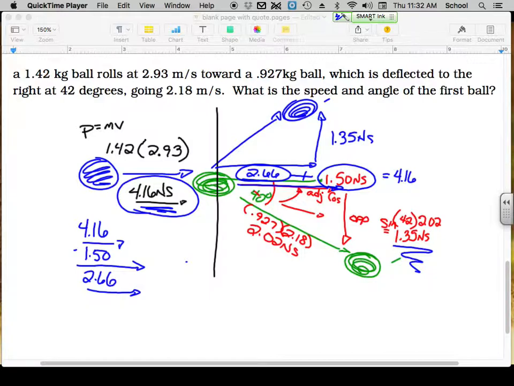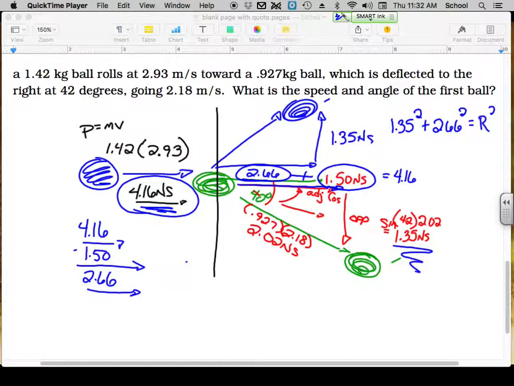Now I have a little triangle, and you just look at the blue triangle on top there. I know two sides, and I'm looking for the hypotenuse. If I know two sides and I'm looking for the hypotenuse, I'm just going to use Pythagoras. So 1.35 squared plus 2.66 squared equals r squared.